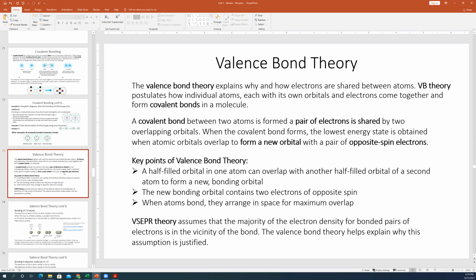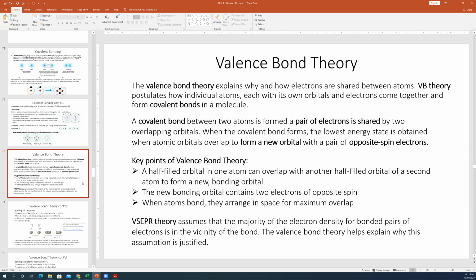And that is a state where the lowest energy is obtained, because the electrons are shared in a way that allows each atom to experience that stable octet outer orbital and to form a new orbital with a pair of opposite spin electrons to stabilize itself. So there are some key points in valence bond theory.